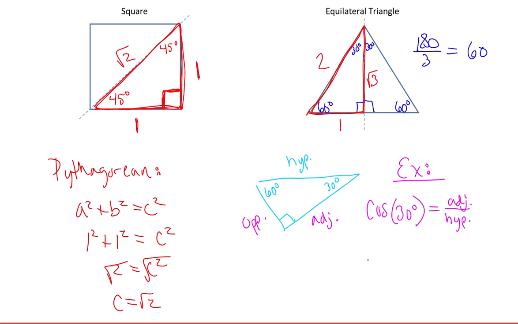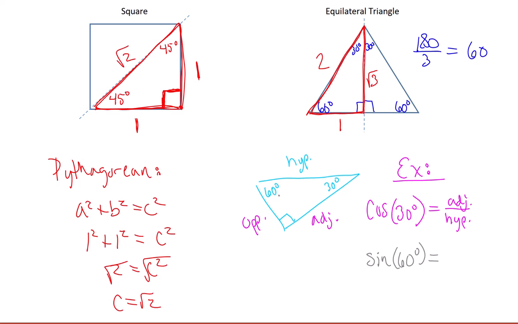Let's suppose I wanted to find the sine of 60 degrees, and I was using the exact same diagram. Well, in that case, I would have to label the sides differently, because if I'm picking 60 degrees, which is the other acute angle, then notice the hypotenuse does not change. That's always across from the right angle.